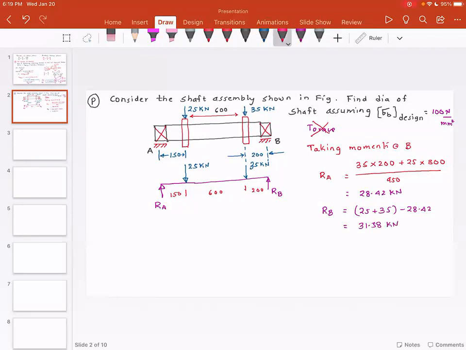So I have these two reactions, 28.42 and 31.58. Now I need to find out the maximum bending moment. Now, how do I find out where the maximum bending moment is?